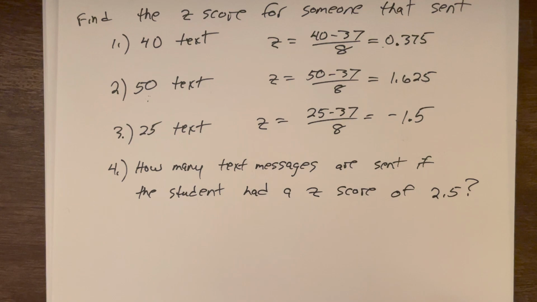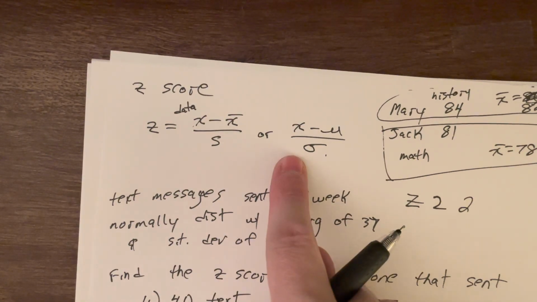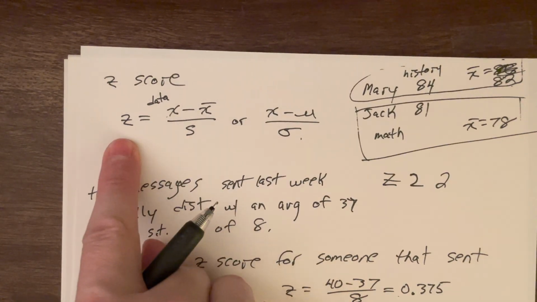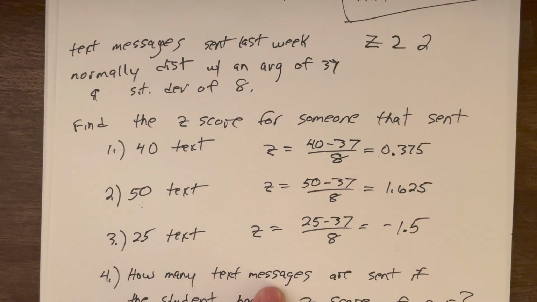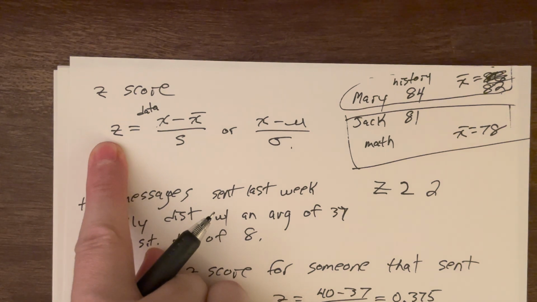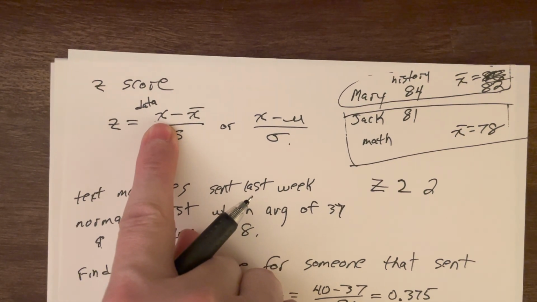It's just the reverse. The z-score formula is very simple, and it's already solved for z, but here, you're being asked for text messages. You're given the value of z, you're being asked for the value of x.